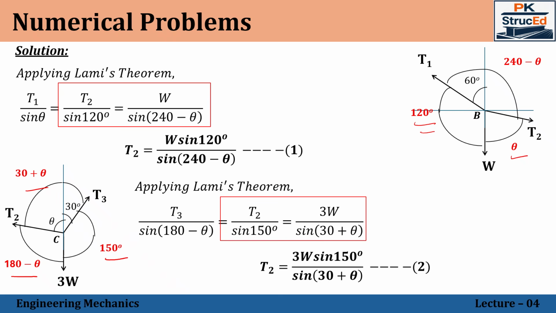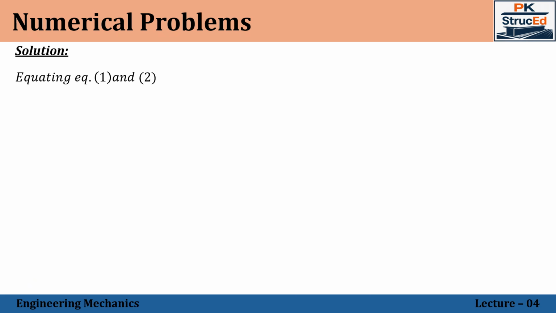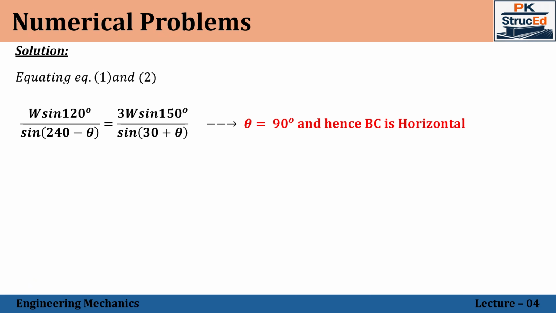Now you can see we have two equations which have been calculated for T2. The left sides of both equations remain the same. So equating these two, W will get cancelled and the only unknown will be theta. Equating 1 and 2, we get theta equal to 90 degrees, which means that the portion BC is in the horizontal direction.